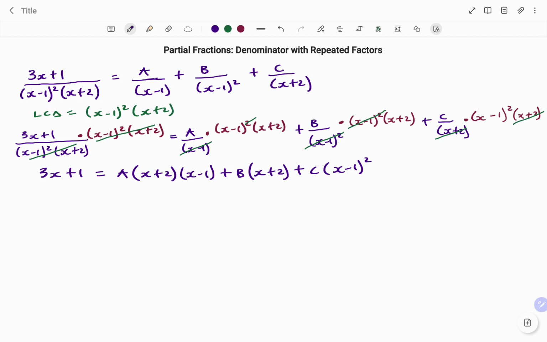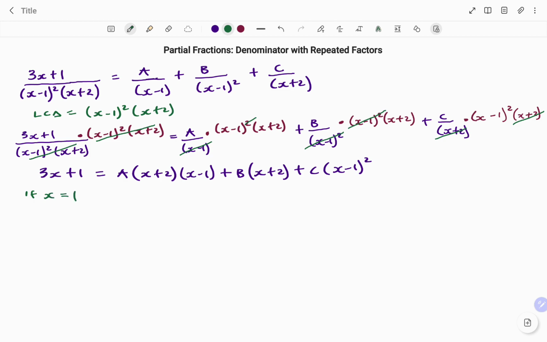So the next step is to look for a value of x that can eliminate either a, b, c, or a couple of those variables. So in the first case, we have if x is equal to 1.